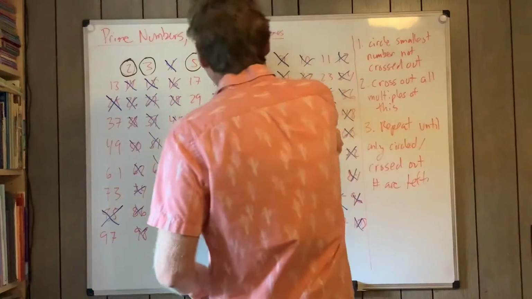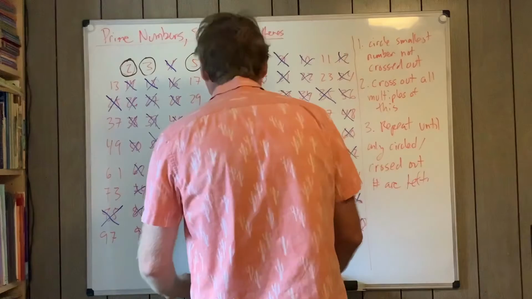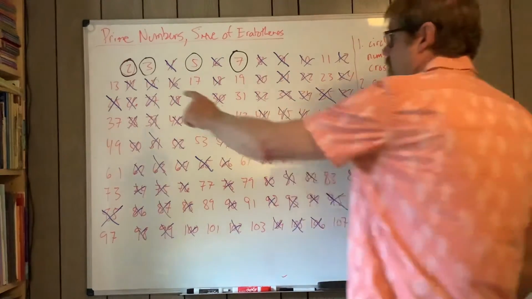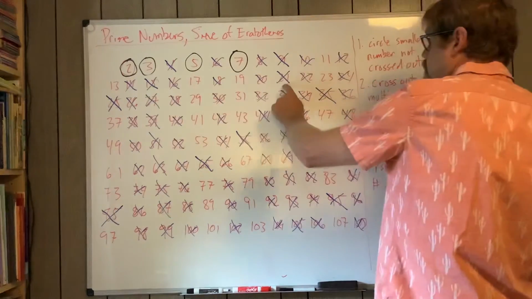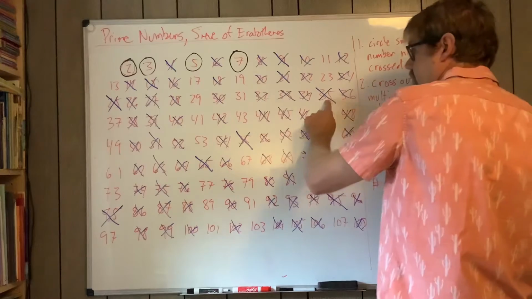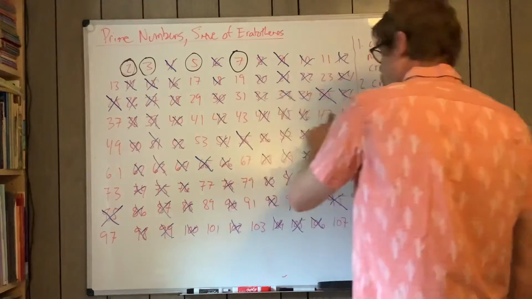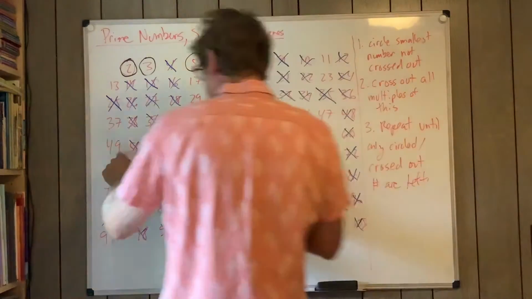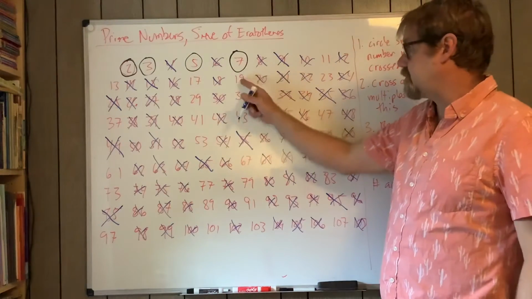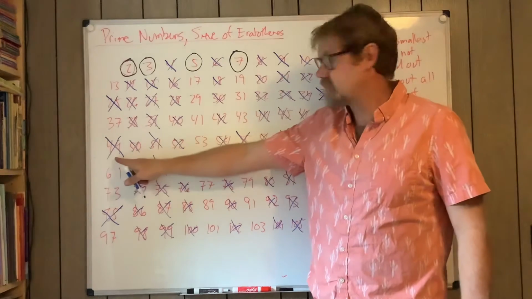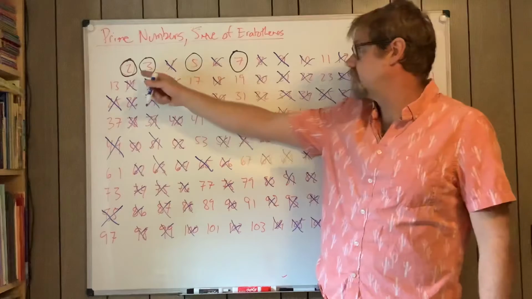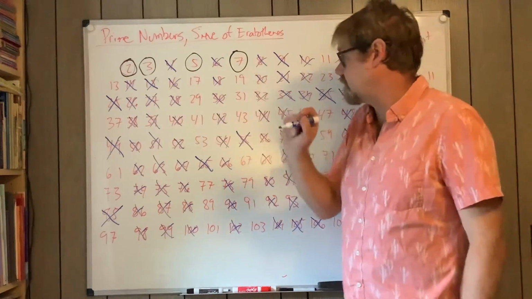Okay, so 7 is my next one, and then I'm going to cross out multiples of 7. So 14, 21, 28, 35, 42, 49. And you might notice everything else up until the number squared was already canceled out because we've already crossed out multiples of everything underneath it.